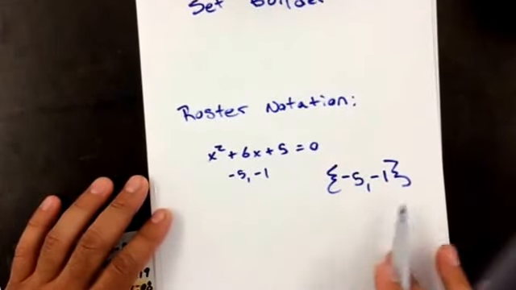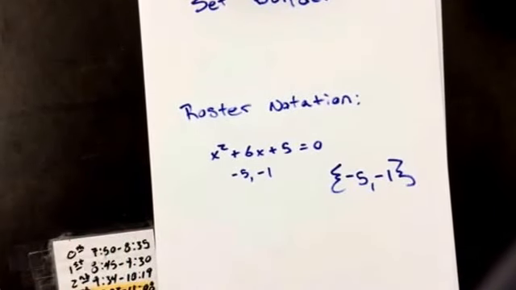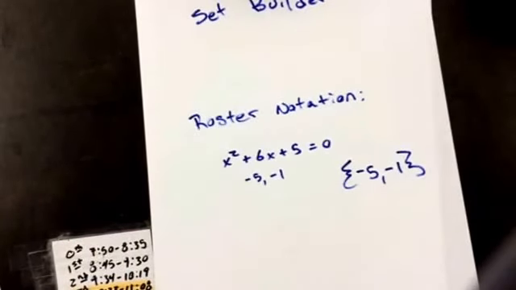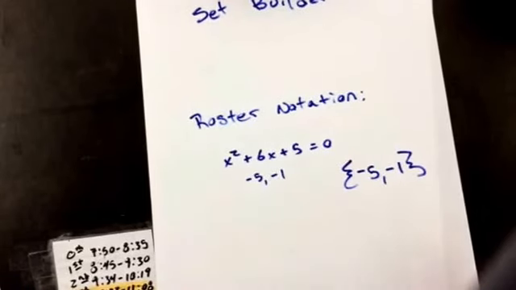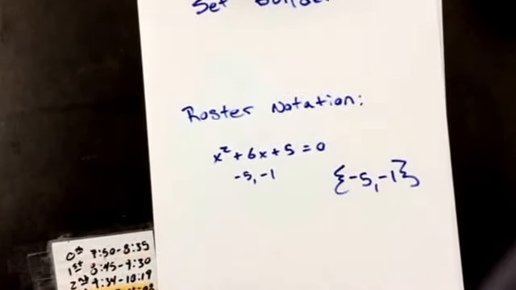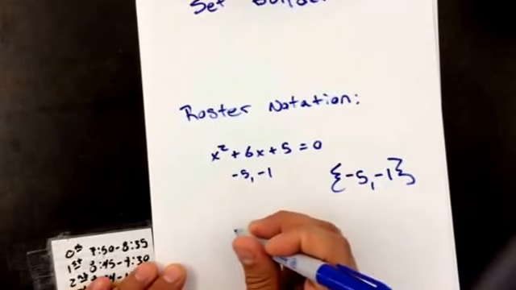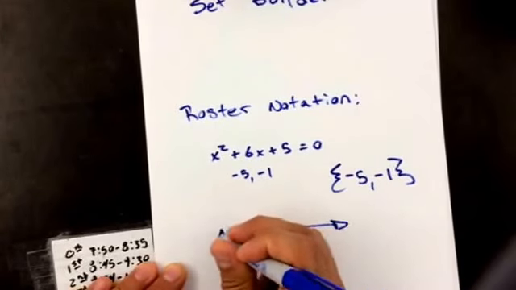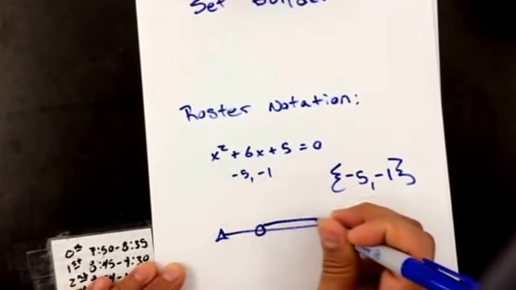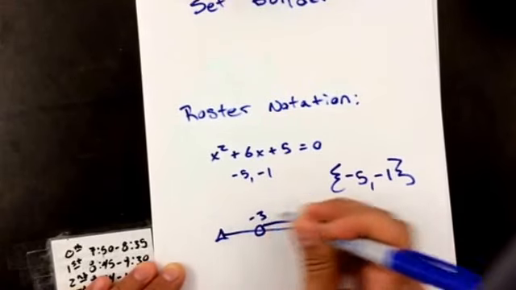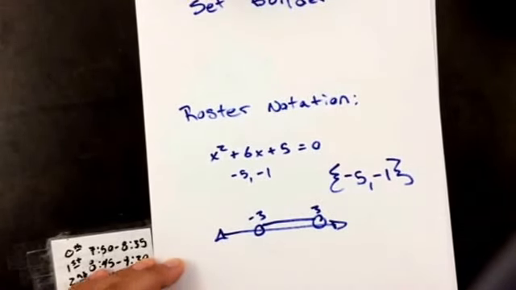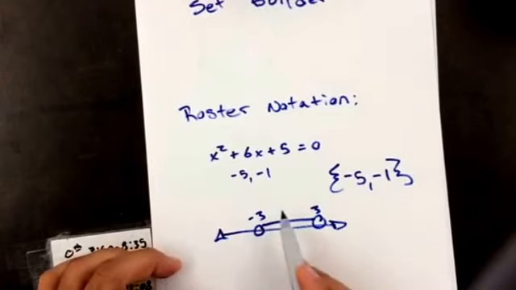Now the difficulty with roster notation is that you would only want to use that when it's easy to display who's on the roster. If I had all of El Paso on my roster, I wouldn't want to do this because it would take too long to display all of that. Just like if I had all of the numbers from -3 to 3 on a number line, I wouldn't want to use roster notation because it's not just -3, -2, -1, 0, 1, 2, 3.